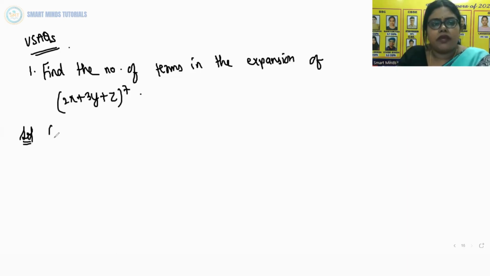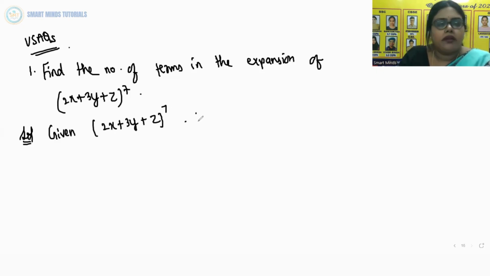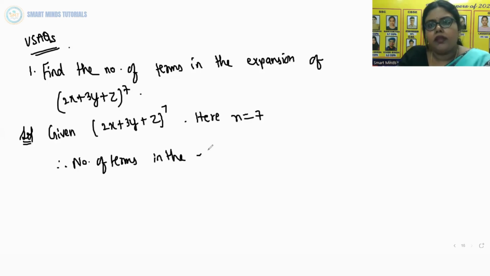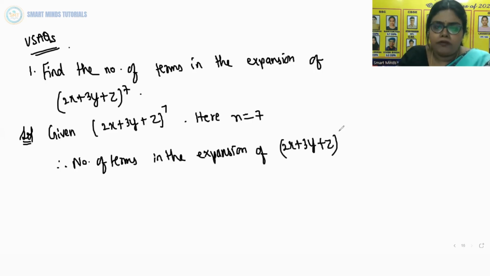So first we will write the given expression: (2x + 3y + z)^7. So here n is equal to 7. Therefore, the number of terms in the expansion of (2x + 3y + z)^7 is given by a formula.